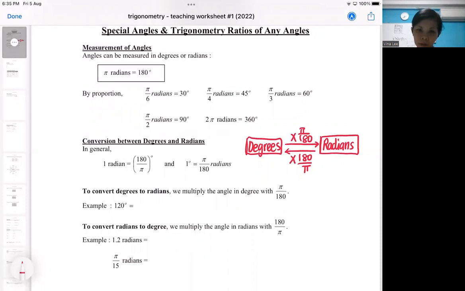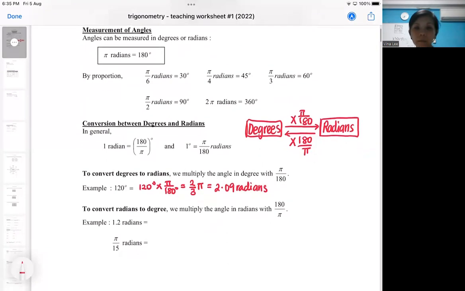In a simple question like this, if I need to, I will leave it in pi, reduce the fraction, or I can leave it as 3 SF.